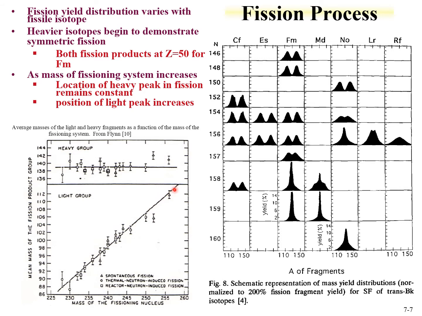We can imagine eventually, particularly if we get to where Z is equal to 100, fermium, so that the fissioning fragments would have a Z of 50, which is here, that we'd start getting symmetric fission.